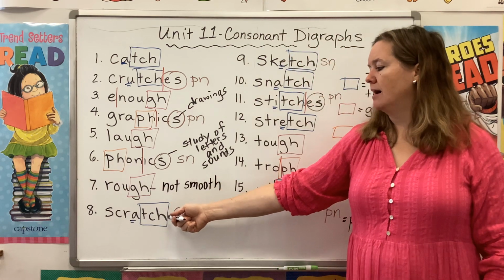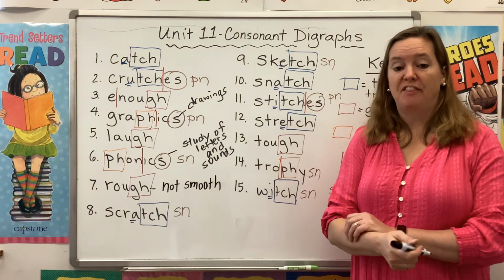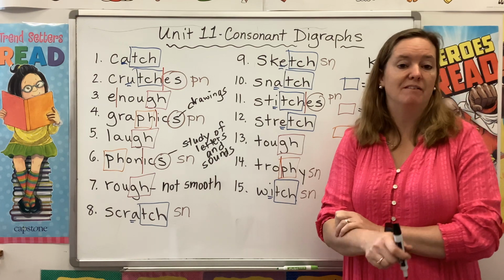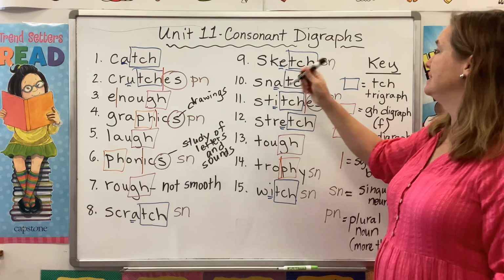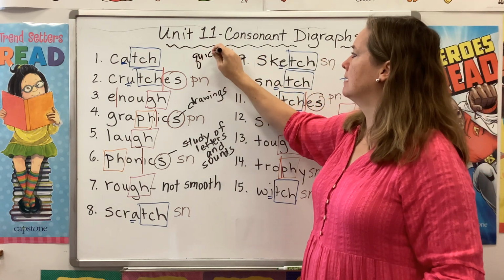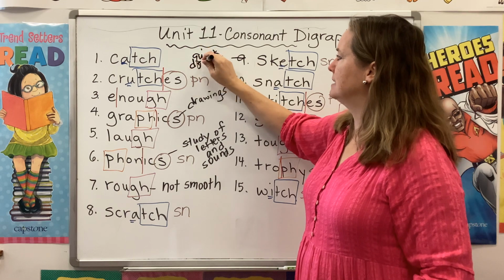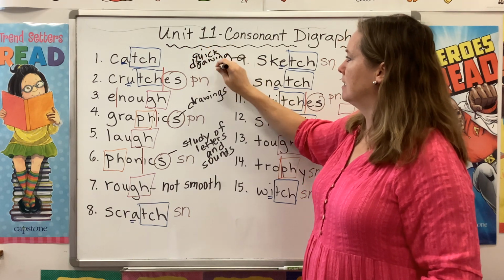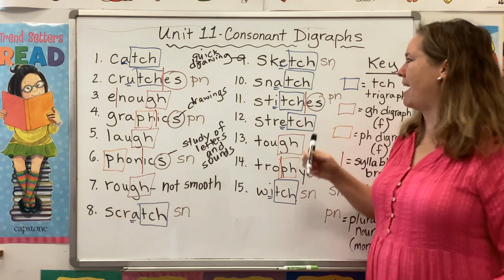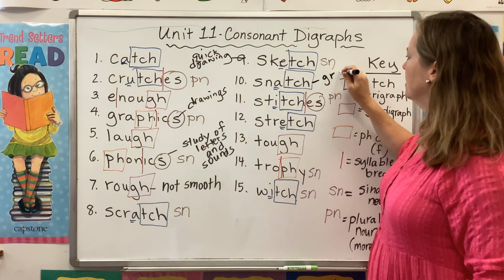Okay? If something is rough, like sandpaper, it means it's not smooth. Okay? Scratch could be a thing, like you have a scratch on your arm, or if you're itchy, you scratch. So it could be a verb as well. A sketch is a quick drawing. Sometimes you see me sketching on the board here. To snatch is to grab something, okay?